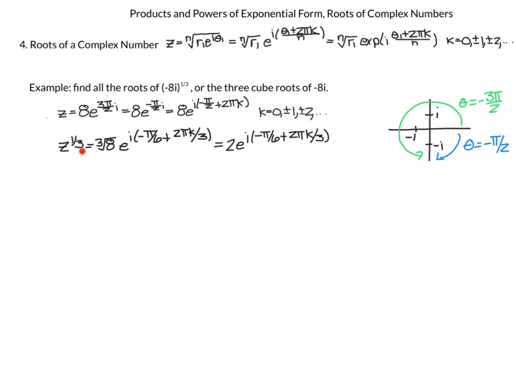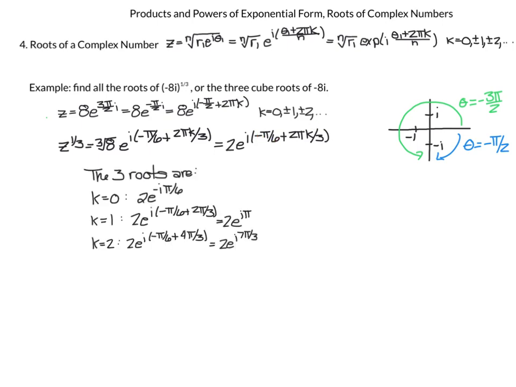Now if I want to take the cube root, I'm going to take the cube root of my constant, and I'm going to divide my exponent by 3. So e to the I minus pi over 6 plus 2 pi k divided by 3. Our cube root of 8 gives us 2, and then we have e to the I minus pi over 6 plus 2 pi k over 3.